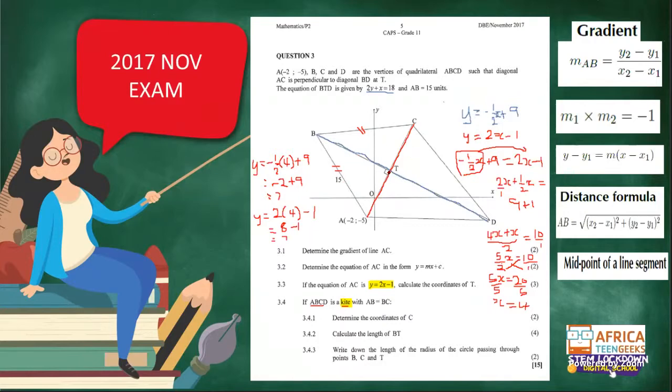Because remember, now we have point A, we have point T that we just calculated.